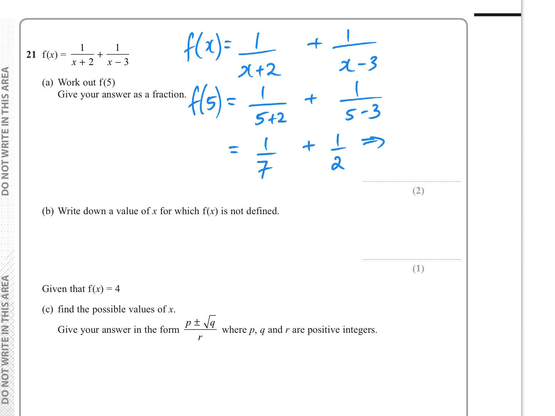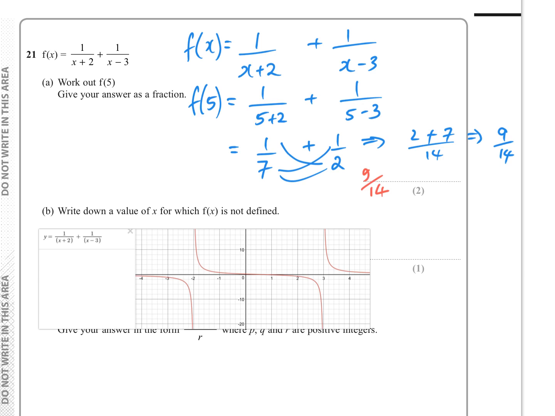And you could use your calculator, I guess, for this. I'm not going to. So I'll just get 2 plus 7 over 14, which would give me 9/14. Okay? So that will be my answer to the first part.